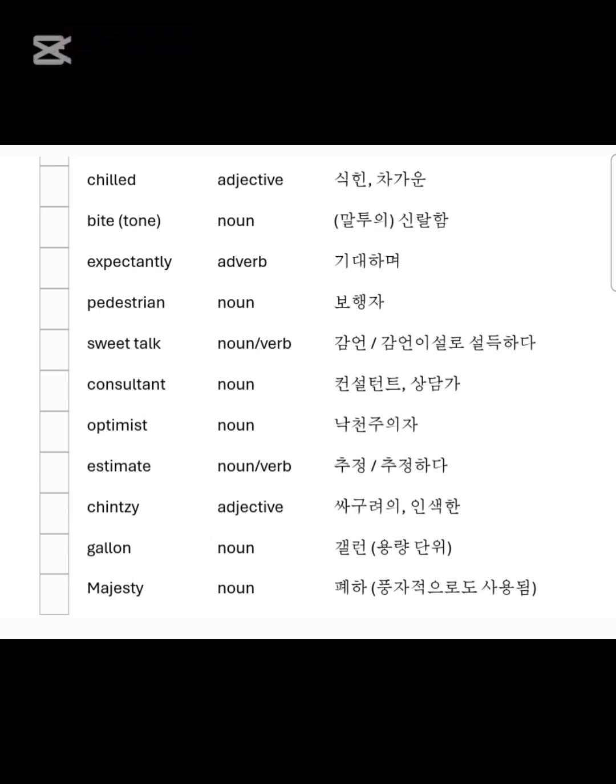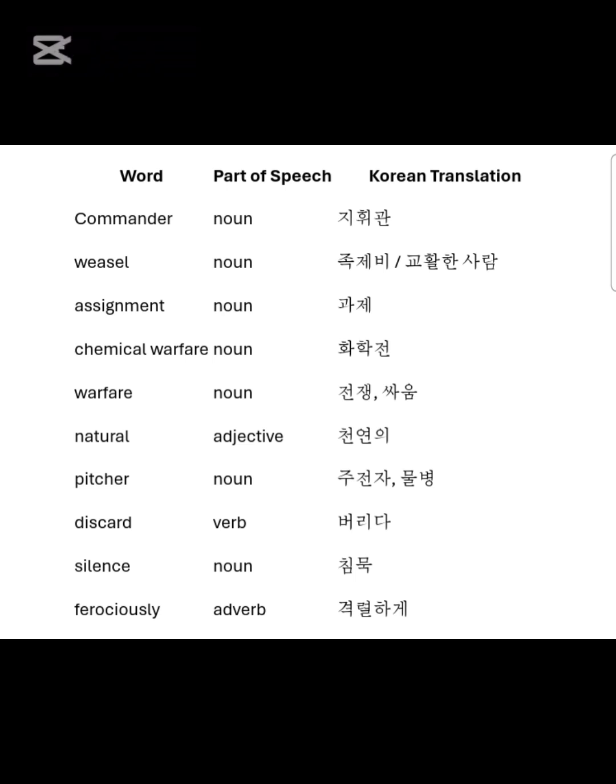Optimist, noun. Estimate, noun or a verb. Chintzy, adjective. Gallon, noun. Majestic, noun. Commander, noun. Weasel, noun. Assignment, noun. Do your homework, it's an assignment.